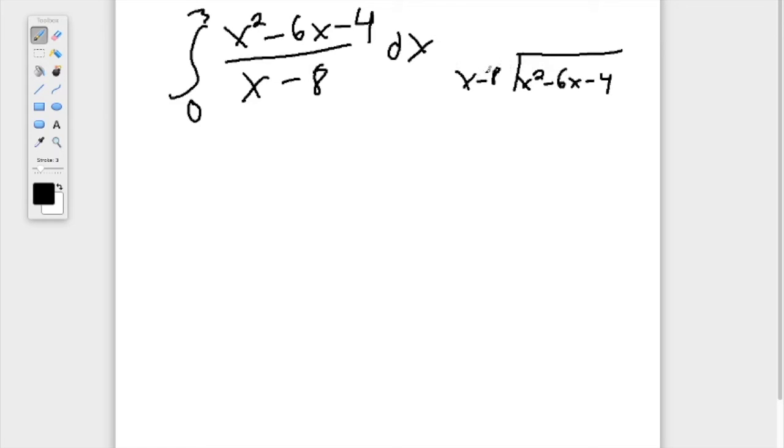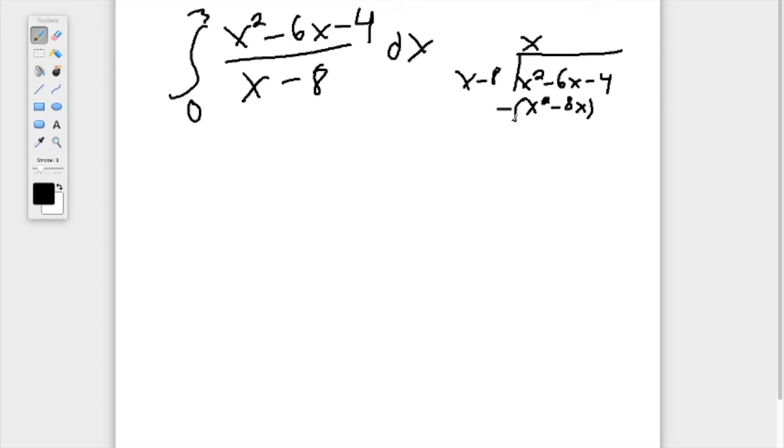So x minus 8 goes into x squared x amount of times. So when you multiply this out, x times x is x squared, and then x times negative 8 is negative 8x, and then we're subtracting this.